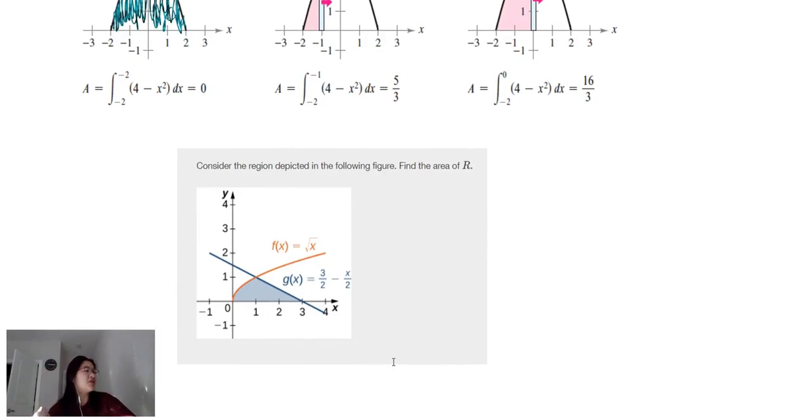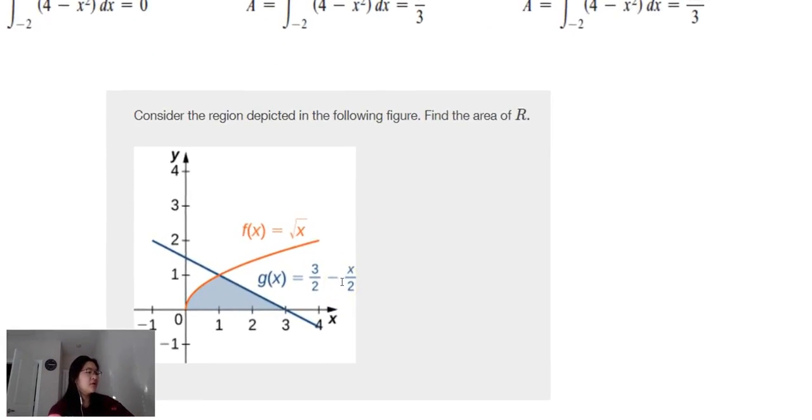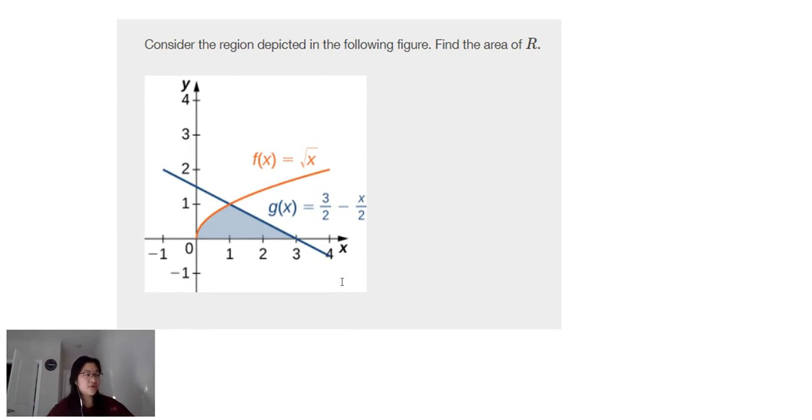How do you find the region R for this picture? There's a couple of options. You can either look vertically and look at your definite integral from 0 to 1 of f of x, and then look at your definite integral from 1 to 3 of g of x. Or you can look at a horizontal tiny rectangle, so that you're looking at the difference in your y's, which takes a little bit of algebra.